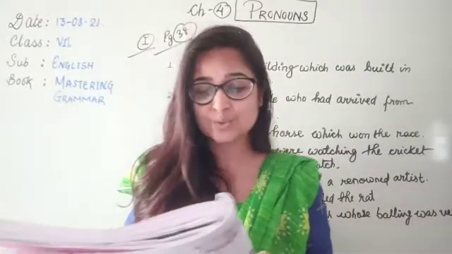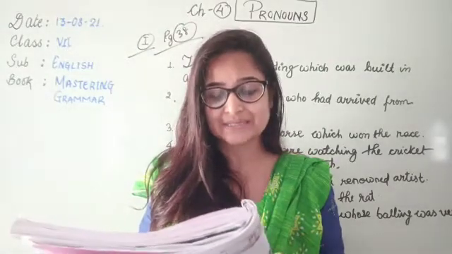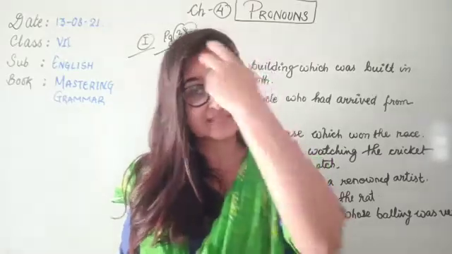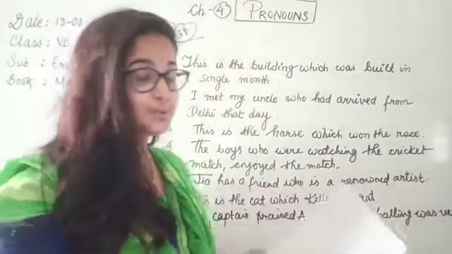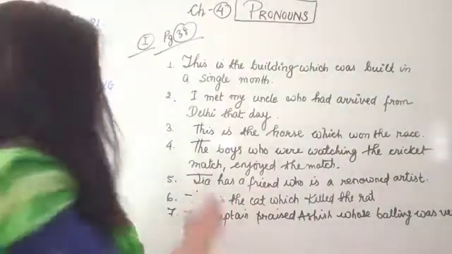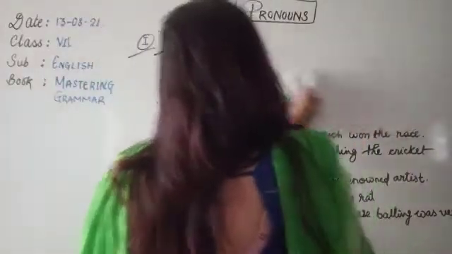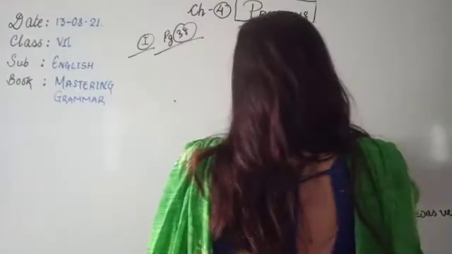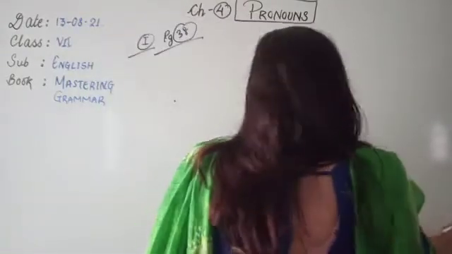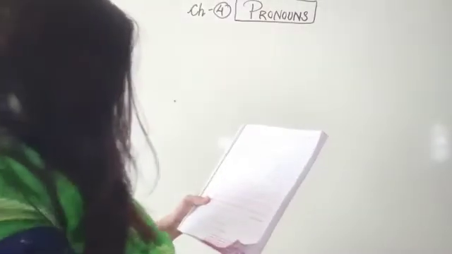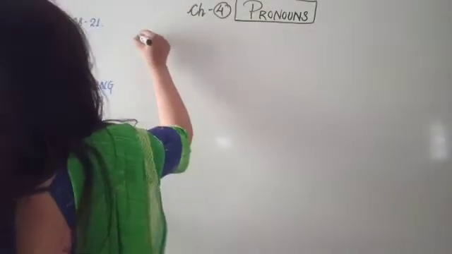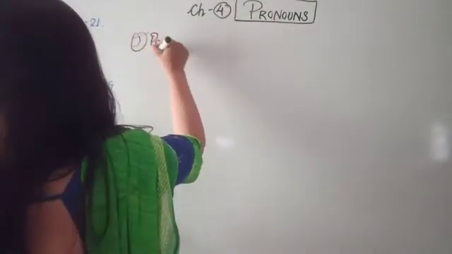Now choose the correct option from the brackets. Does dash have a pencil? Does anyone? Here we are going to use anyone. So let me write the answers quickly. Exercise J, this is on page number 39.